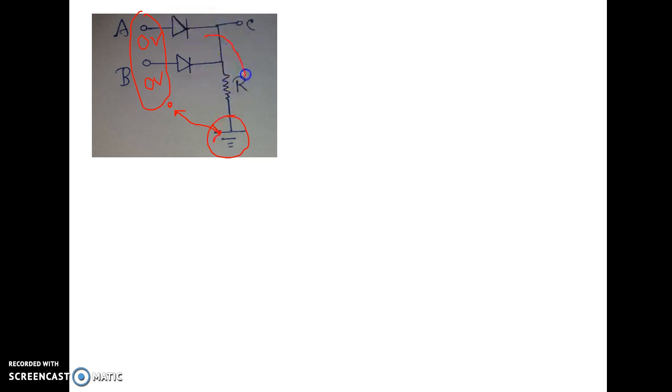In this direction or in the reverse direction, current cannot flow. In reverse bias only the reverse saturation current flows. So basically no current will flow in this circuit, and across this resistor the potential drop is 0 volt. As C is directly connected to the resistor, C will get 0 volt. So it is clear that whenever A and B both are 0 volt, then C is also 0 volt.